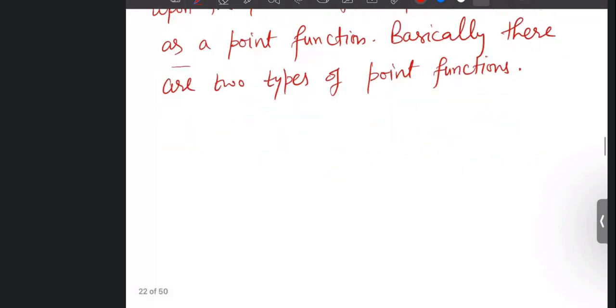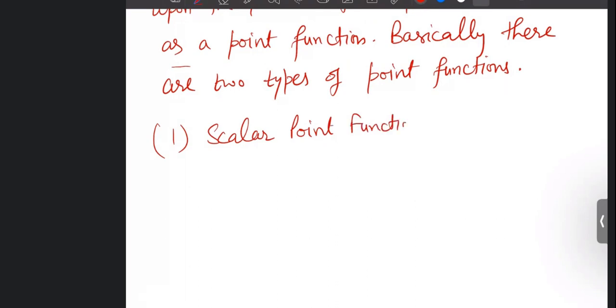Our first one is scalar point function. Basically, that is a point function which assigns a scalar value. A point function which assigns a scalar value is called the scalar point function.